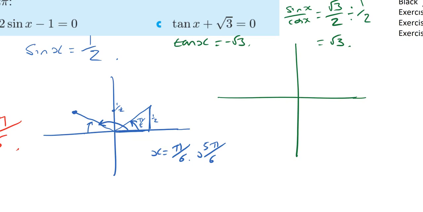But if we're going to be negative, well, we need one to be positive, one to be negative, and that is going to happen in the second quadrant and in the fourth quadrant. So our answer is definitely going to fall into there. So if we wanted our sine x to be positive root 3 over 2, that's the longer length of our special triangle. So we could have root 3 over 2 there, look, a half there.